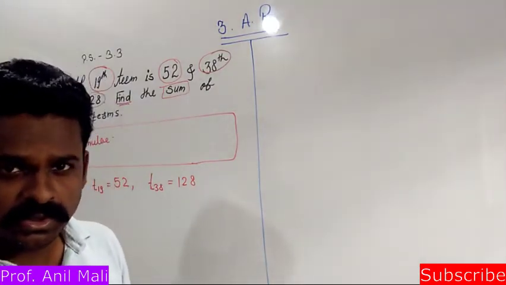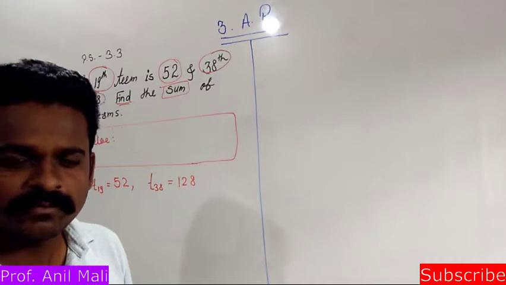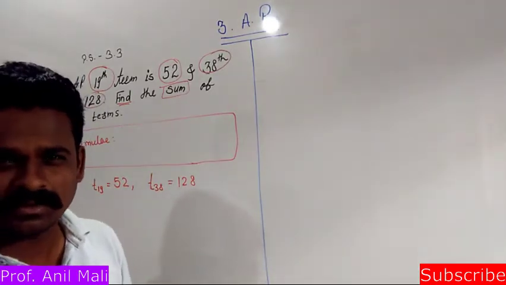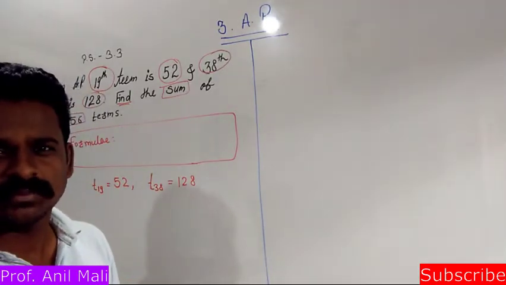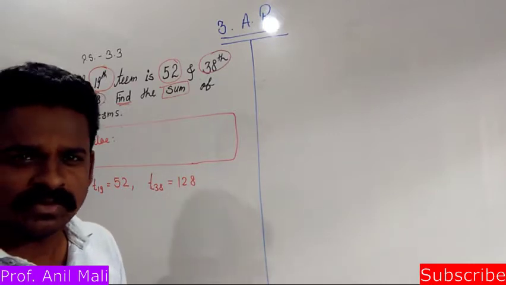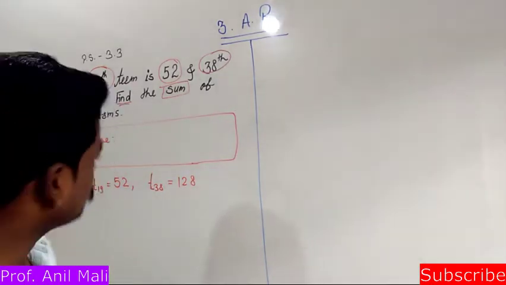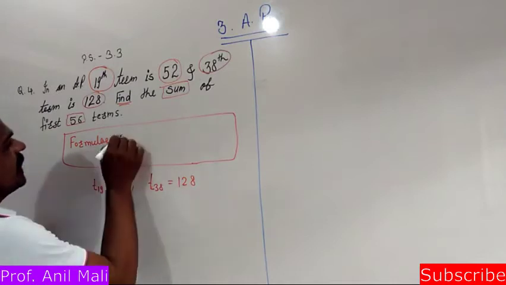What is the formula for finding the sum of the first n terms? The formula is given here.